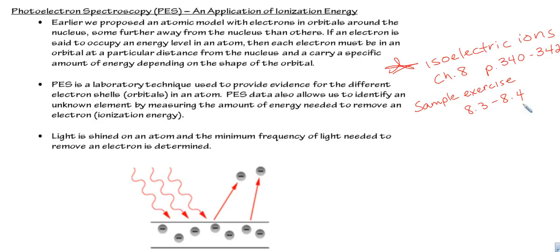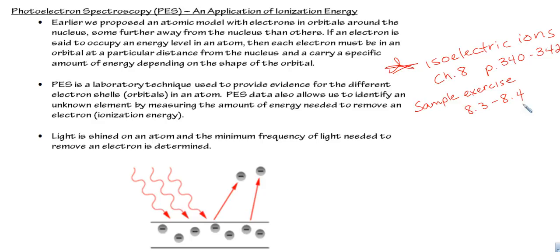They might be further from the nucleus, or there's more attraction, or whatever. This PES is a laboratory method that kind of confirms the idea of orbitals, and there being lower energy orbitals and higher energy orbitals. And it kind of also confirms how that would affect ionization energy, the amount of energy needed to remove electrons.